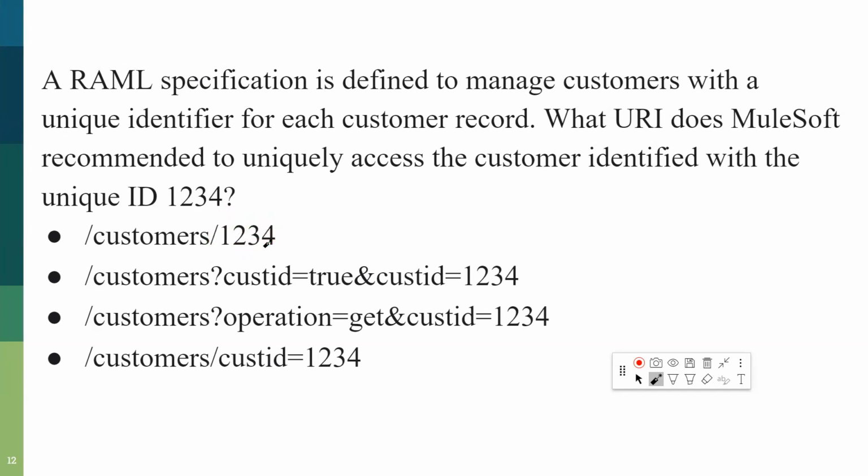And if you remember also in Anypoint Studio, when we were building a URI parameter, in the path we were putting, for example, if we call it ID, customers forward slash curly braces ID. And when we send a request, we were just sending localhost colon 8081 forward slash customers forward slash the ID.